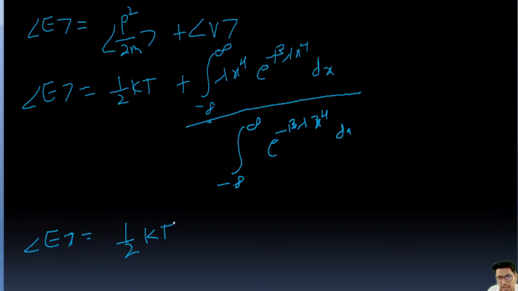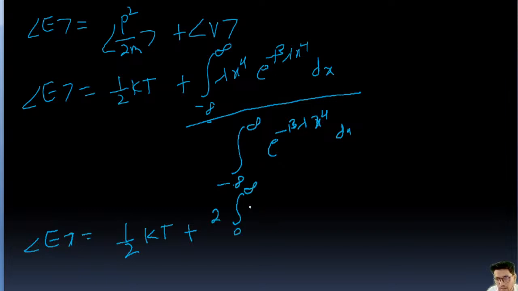So this will remain as it is, that is 1 upon 2 kT. Then, because these are even functions, we'll change the limit: we'll make it 2 into 0 to infinity.